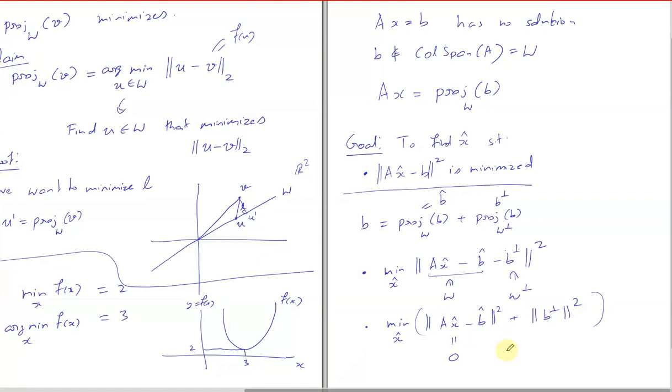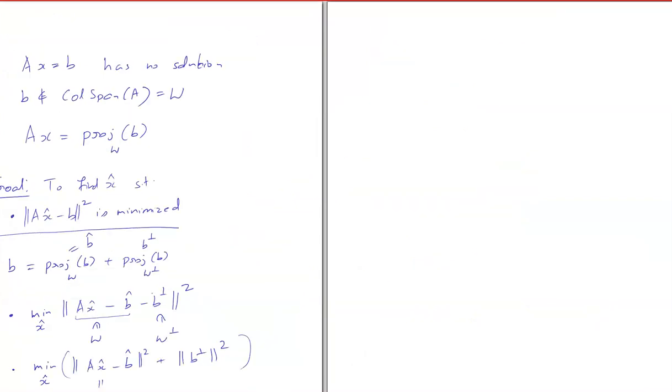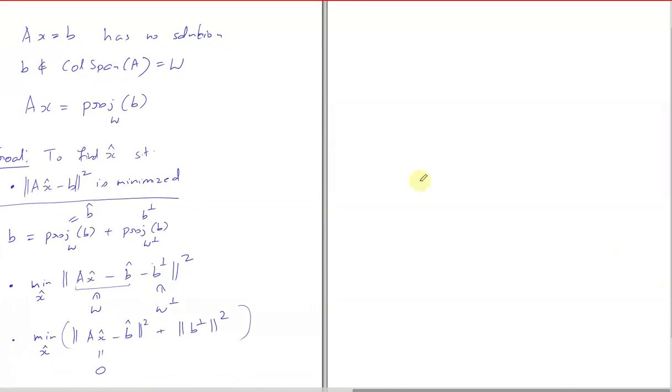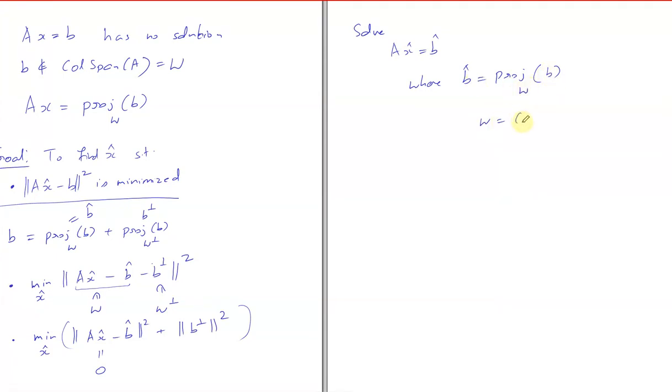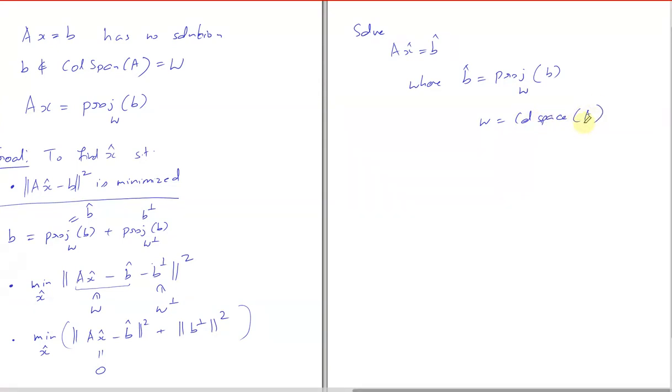So solve for Ax hat equal to B hat, where B hat is the projection of B onto the column space of A. If you do this, you are done.